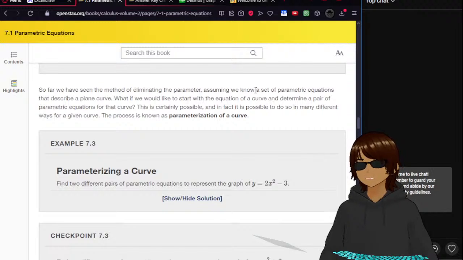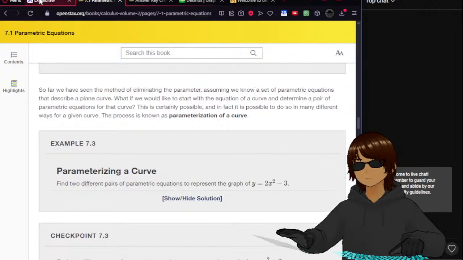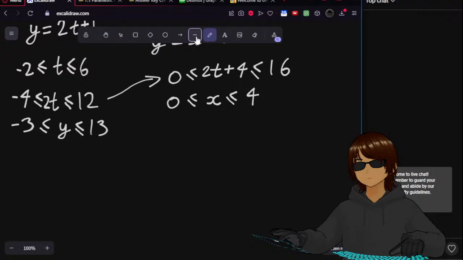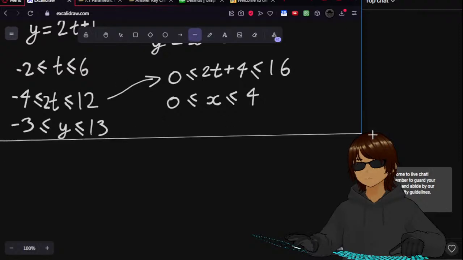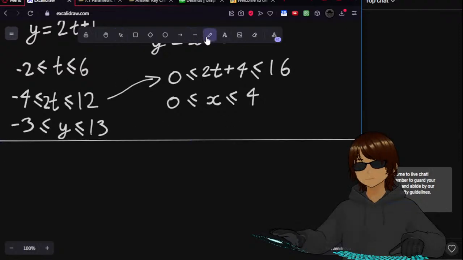Find two different pairs of parametric equations to represent the graph y is equal to x square minus 3. We have y is equal to 2x square minus 3.